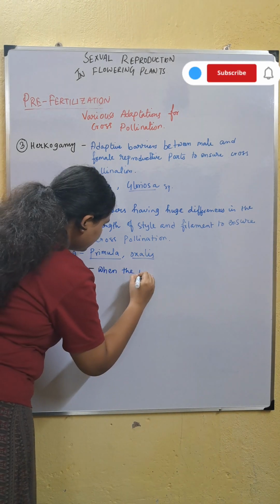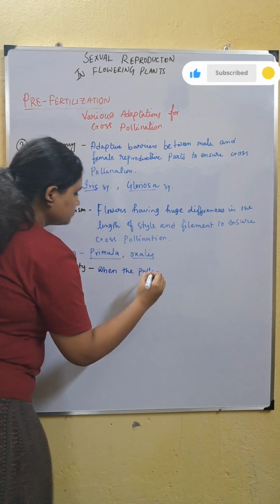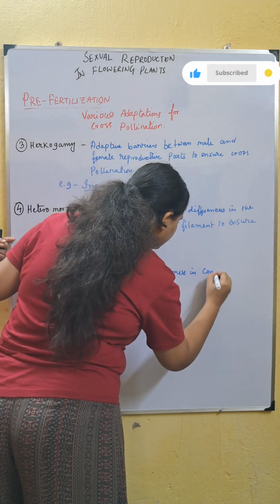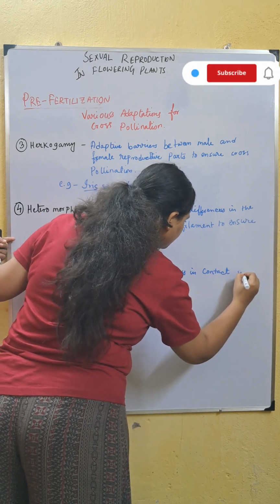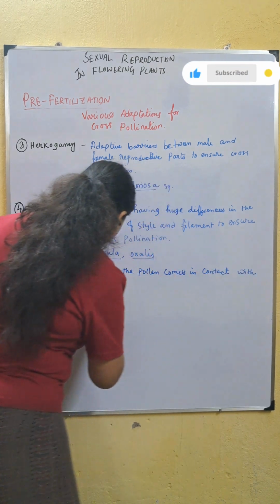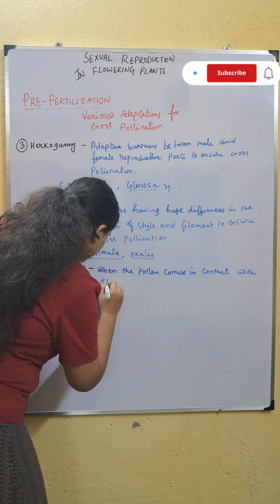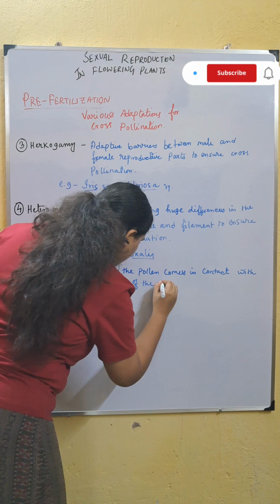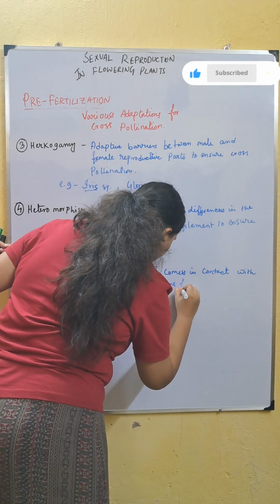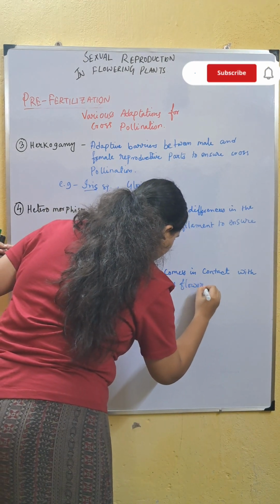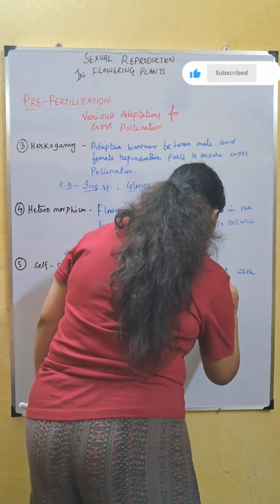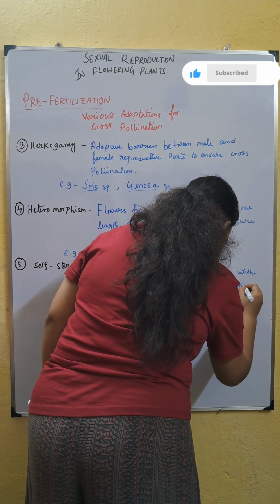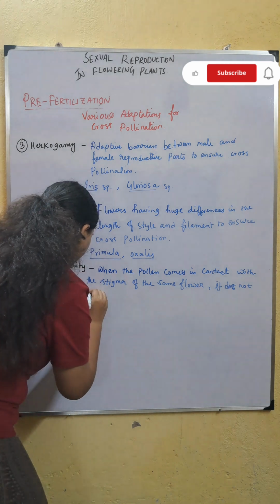When the pollen comes in contact with the stigma of the same flower, it does not germinate.